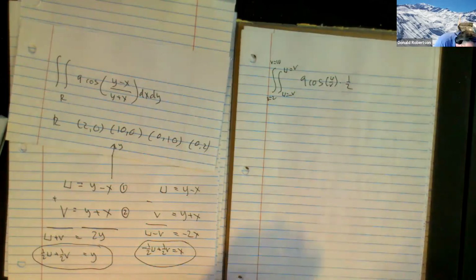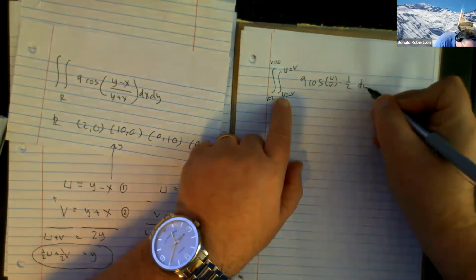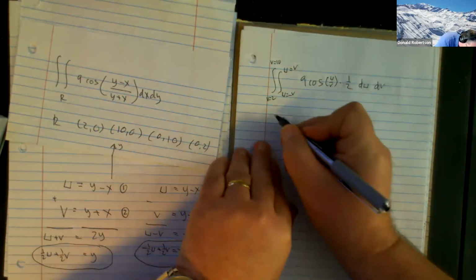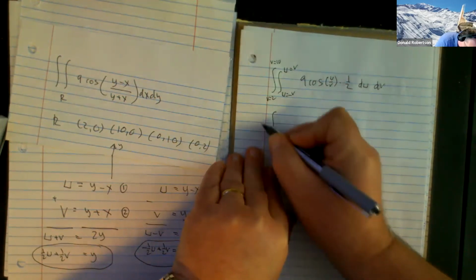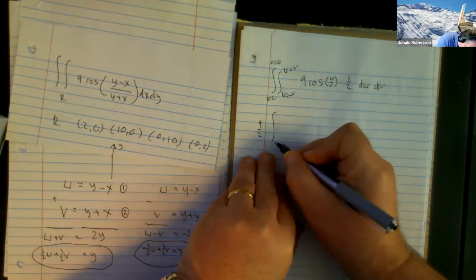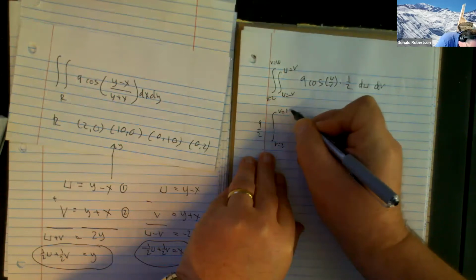And this is u first, and then there's v second. So I'd probably pull out the 9 halves. And our integral looks like that.